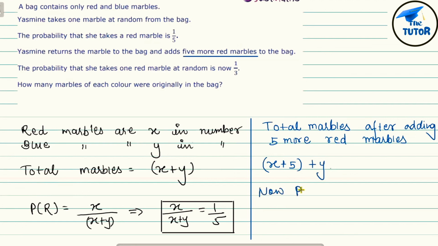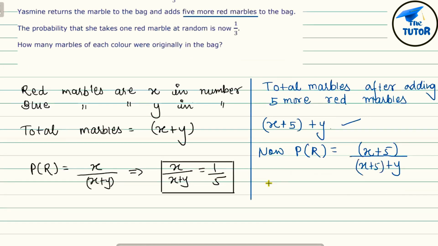Now the probability of getting a red marble is the total number of red marbles, x plus 5, because she has added 5 more red marbles, in the numerator. In the denominator, the total number of marbles is x plus 5 plus y, and this probability is again known to us: 1 over 3, given in the question. That means we can write x plus 5 over x plus 5 plus y is equal to 1 over 3.